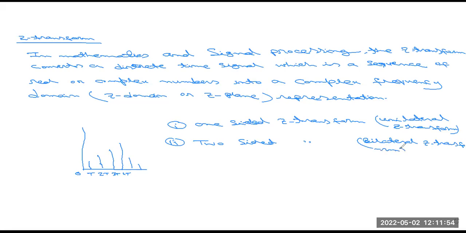In our discrete control system, we only consider the one-sided, that is the unilateral jet transform method. Now, what is the one-sided jet transform method and what is the two-sided jet transform method? Any idea, anyone?